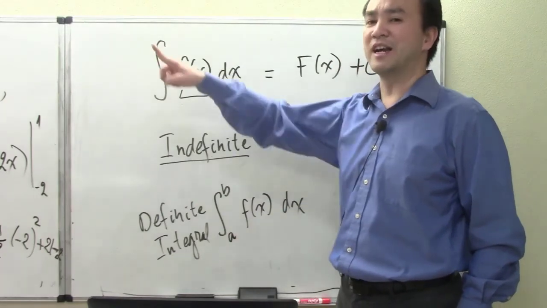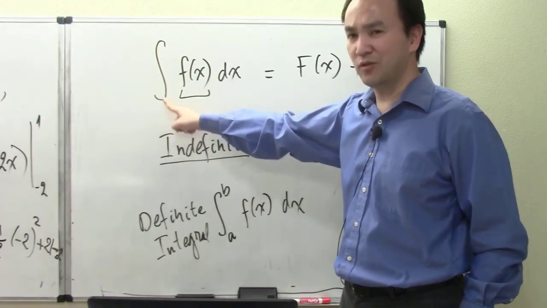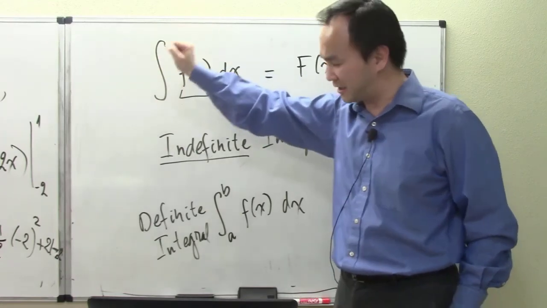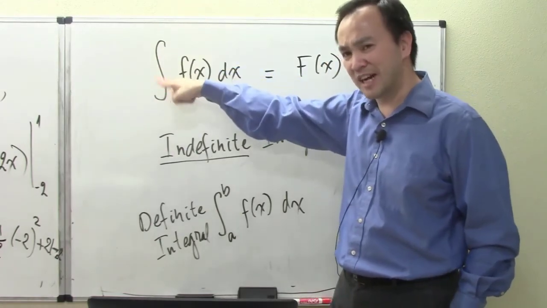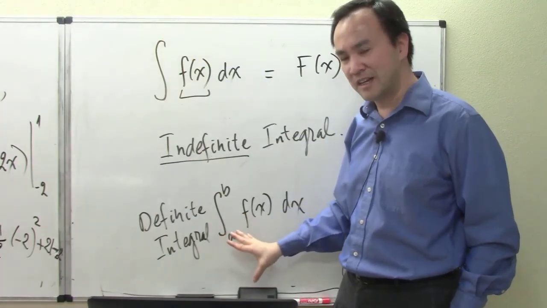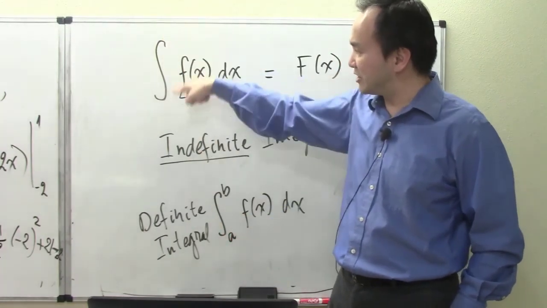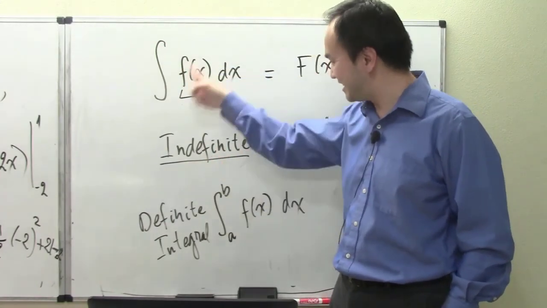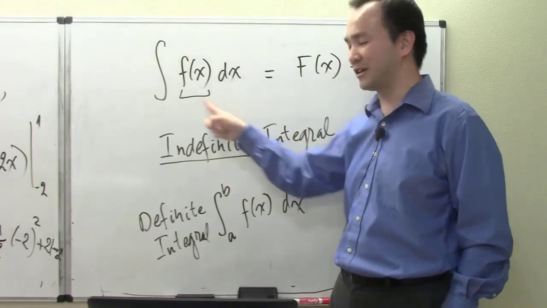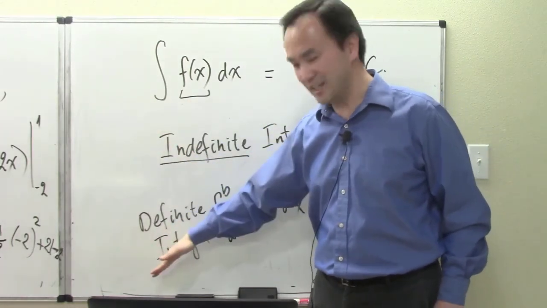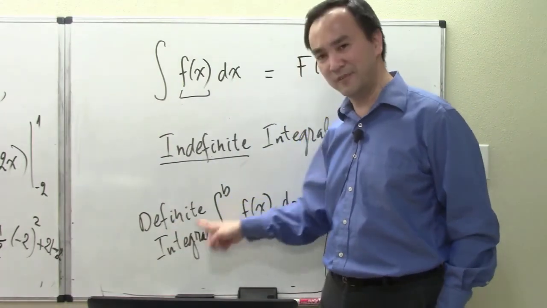So we can now legally go back and say, because antiderivative is so important in the work of finding a definite integral, that just the work of finding an antiderivative can formally be called indefinite integral, as opposed to a definite integral.